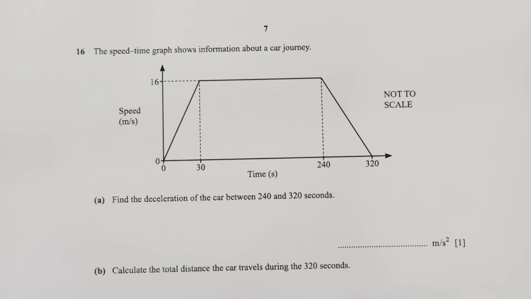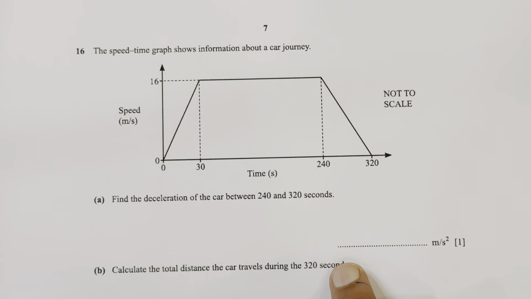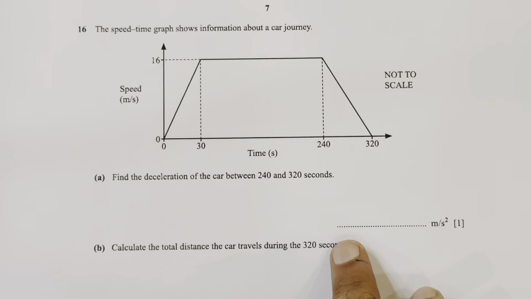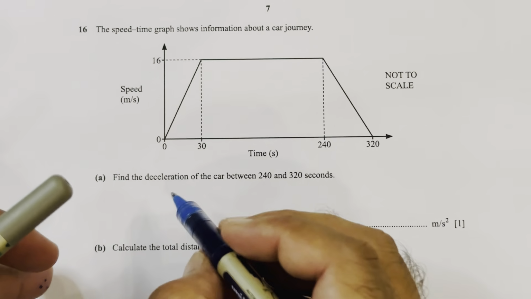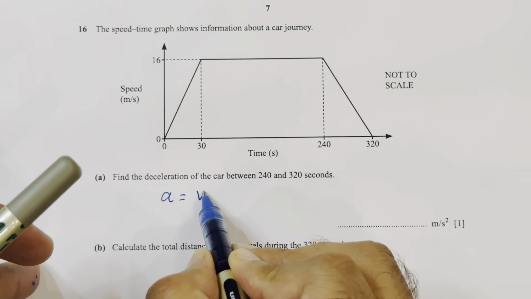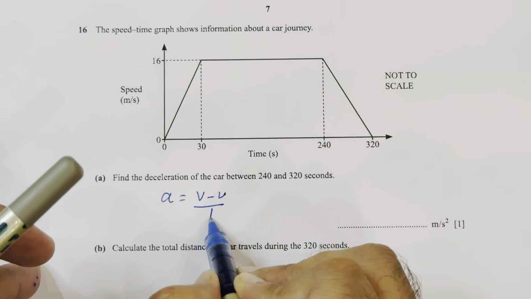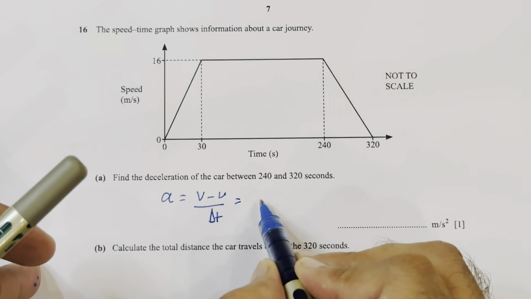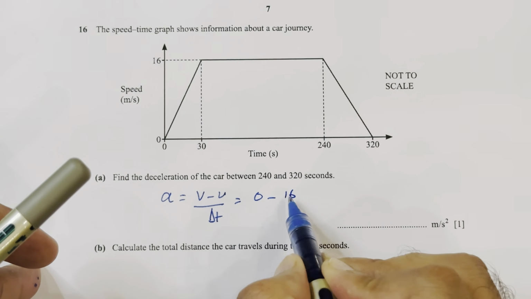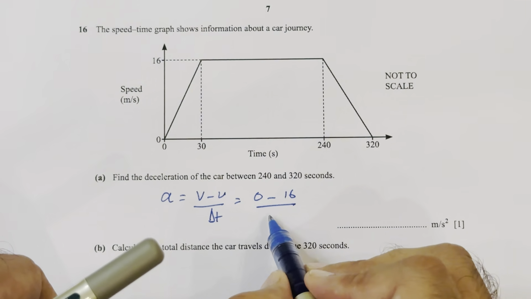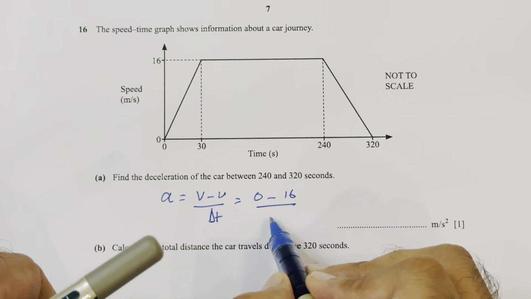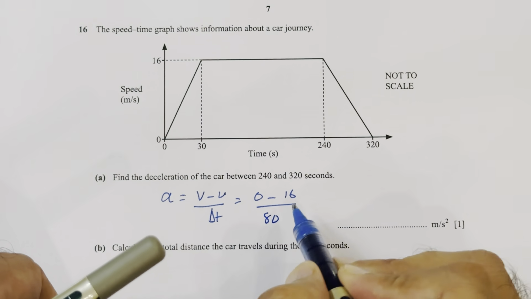Moving to question number 16, that is from the topic of kinematics. The speed-time graph shows the information about a car journey. Find the deceleration of the car between 240 and 320 seconds. We know the formula for acceleration, that is v minus u divided by delta t, that is equal to 0 minus 16, and the time interval from 240 to 320 is 80 seconds.